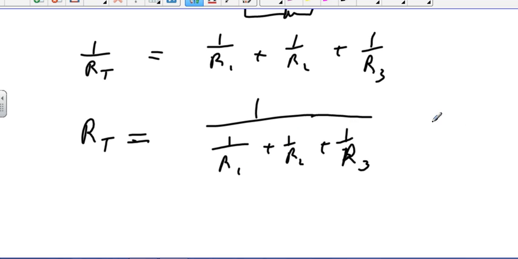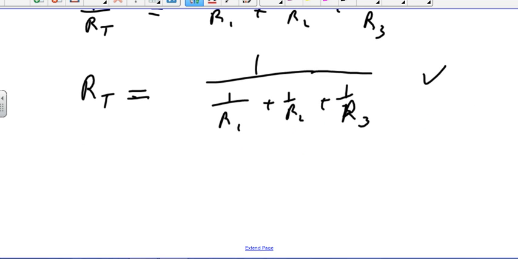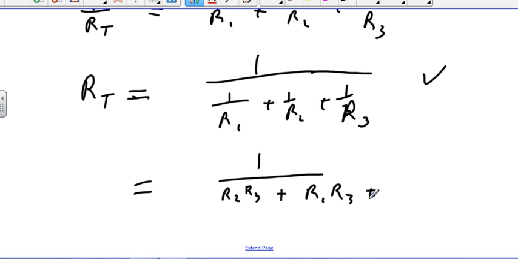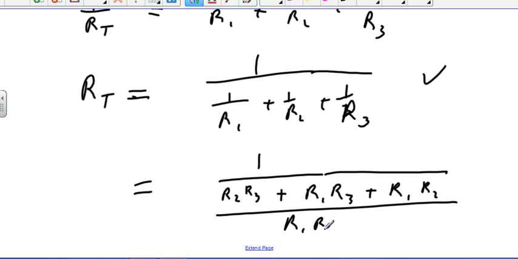Yeah, that's perfectly okay. We could decide that I'm not done yet and say, well, that's 1 over R2, R3 plus R1, R3 plus R1, R2 divided by R1, R2, R3.